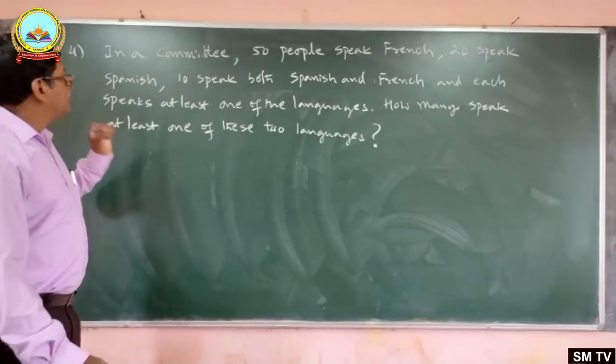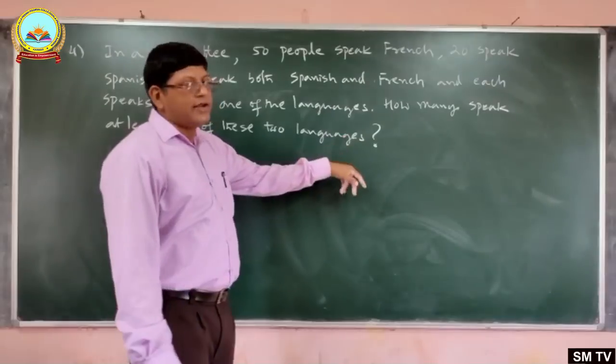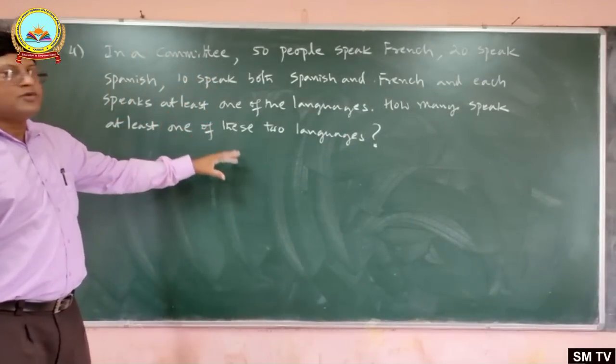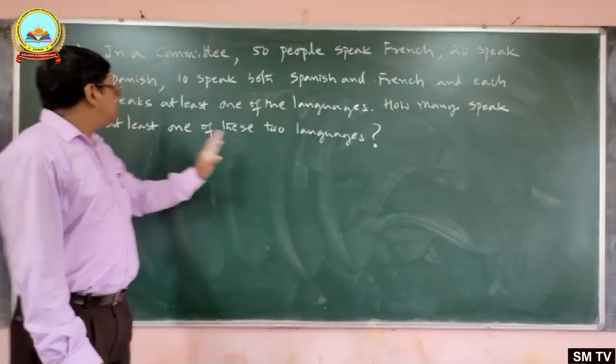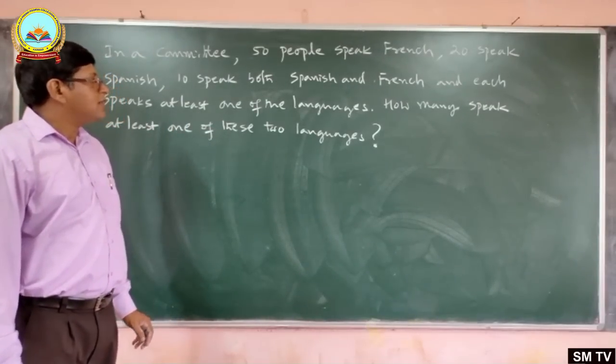Next, problem number 4. In a committee, 50 people speak French, 20 speak Spanish, 10 speak both Spanish and French, and each speaks at least one of the two languages. Okay.